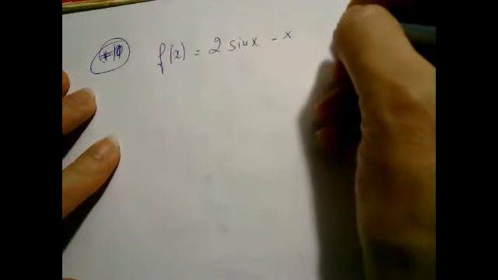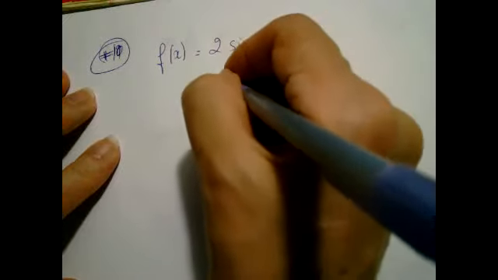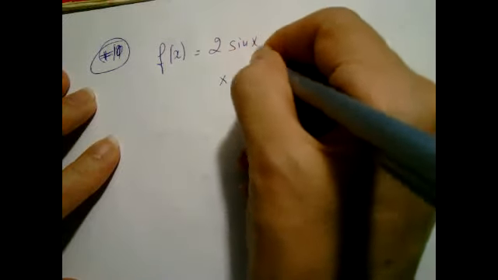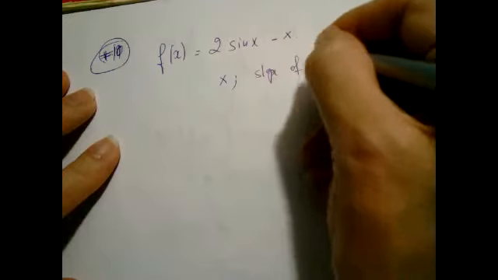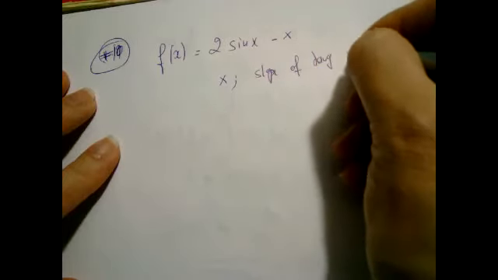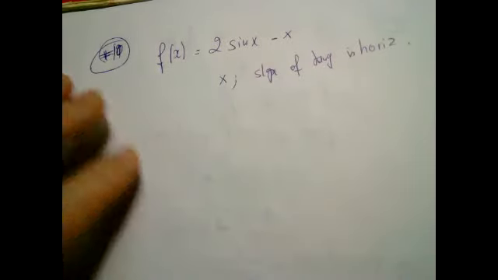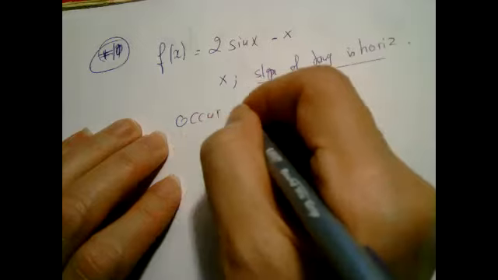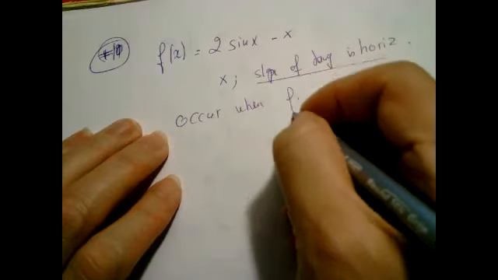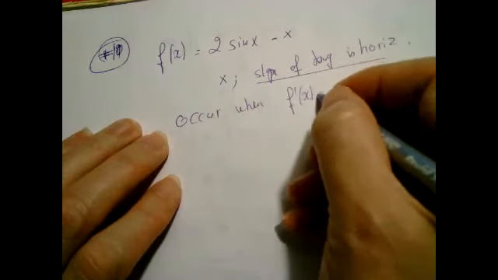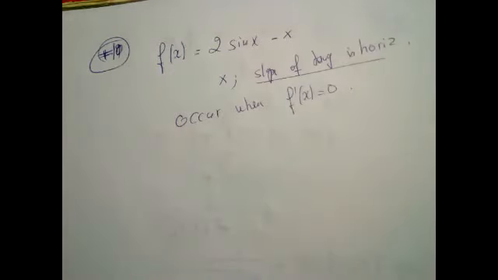And the question is, find the values of x where the slope of the tangent line is horizontal. Okay, so the slope is horizontal. This occurs when the derivative is equal to 0. So we have to find the derivative, set equal to 0, and solve for x.